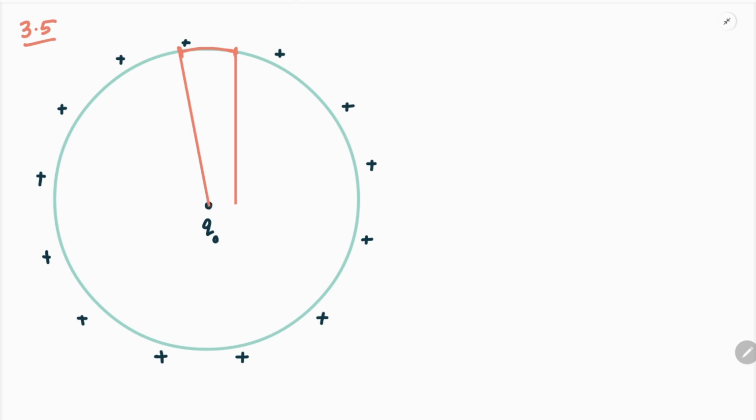This is what we intend to consider. This is the first line that we draw. And this one is the second line which we consider.